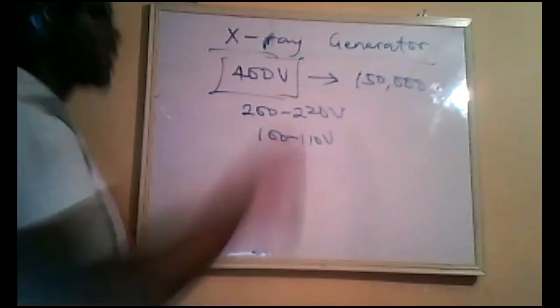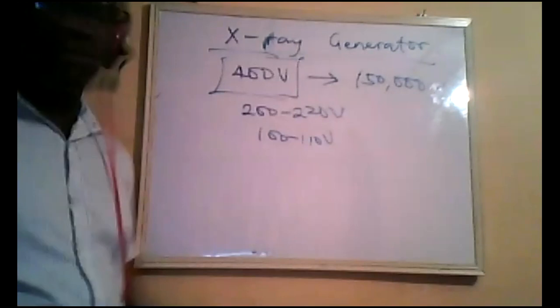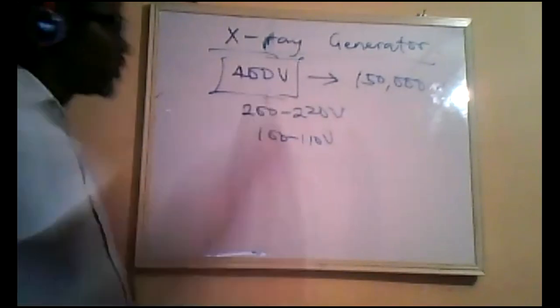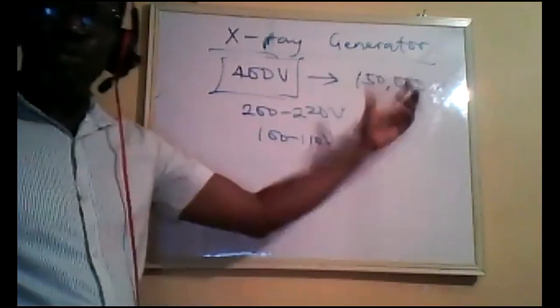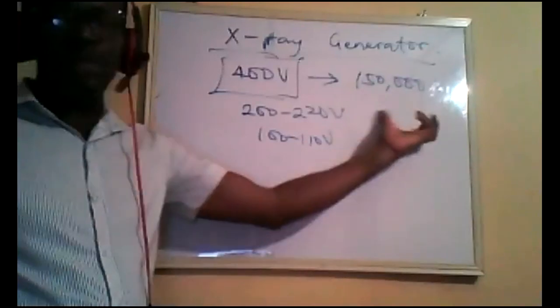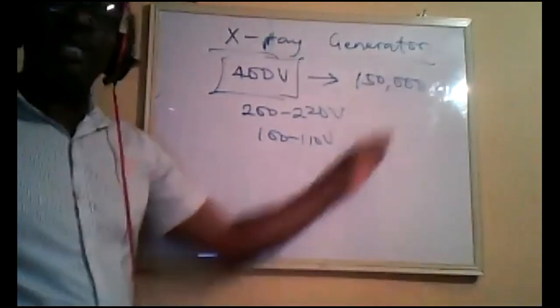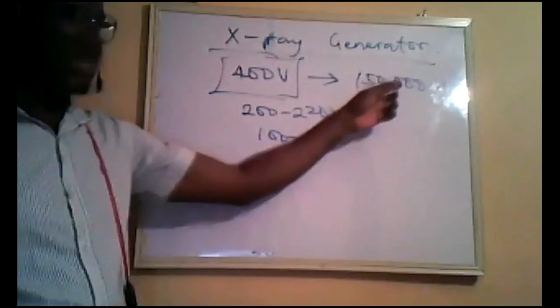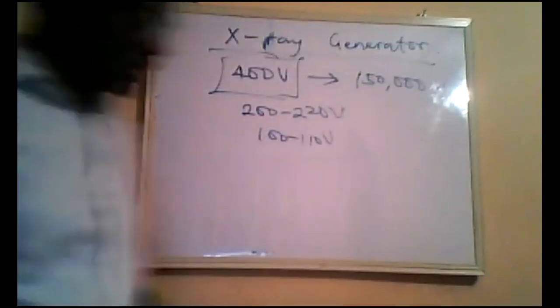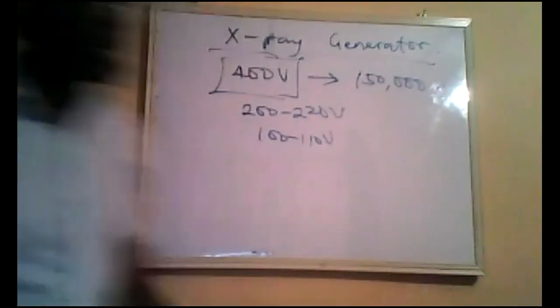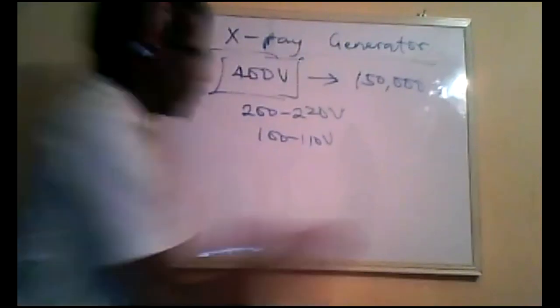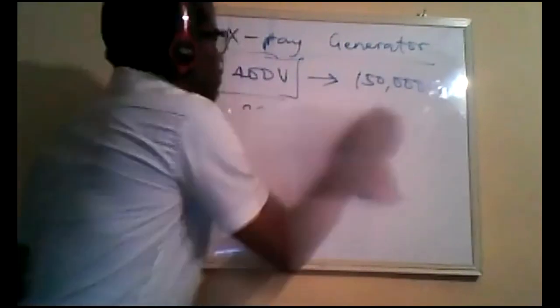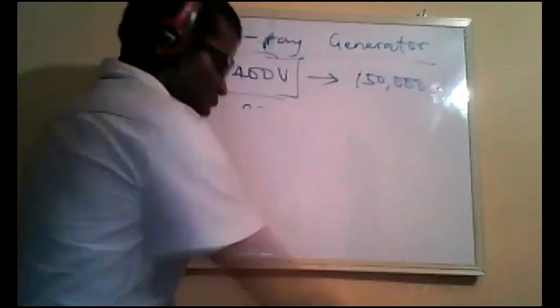The highest you can get, maybe using a three-phase for industrial purposes, is 400. But the potential we want to apply between the cathode and the anode must be as large as this. How does that happen? That happens with the principle of electromagnetic induction, which uses a transformer.